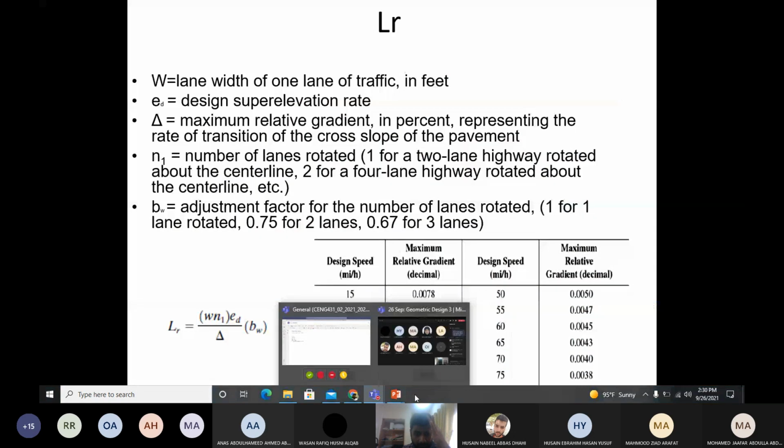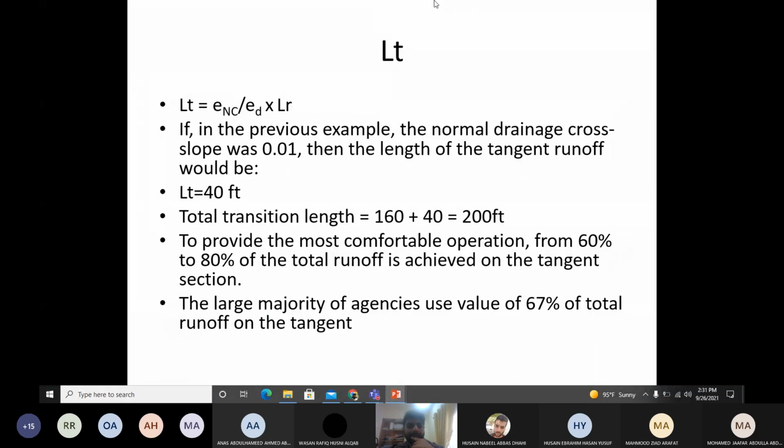Moving on. Then length of tangent runoff, LT. So for LT, this is the equation. Although LT happens before LR, tangent runoff happens before super elevation runoff, you need to calculate LR first because it is required for this equation.